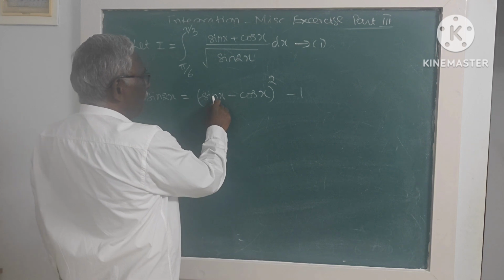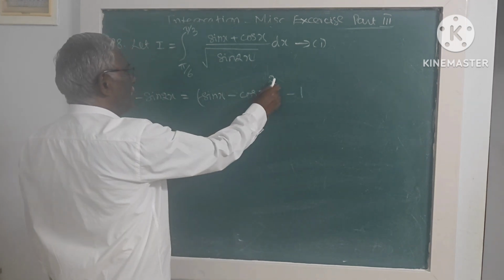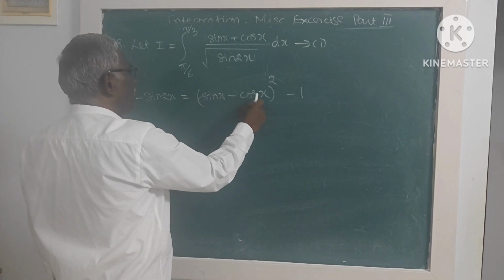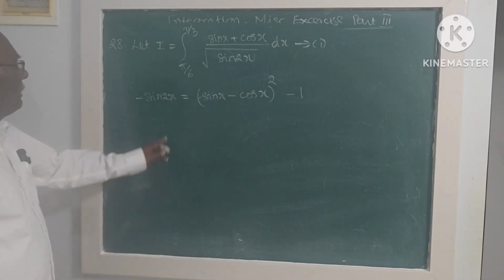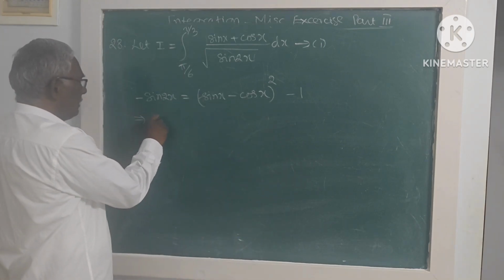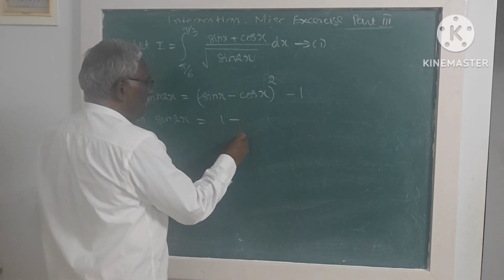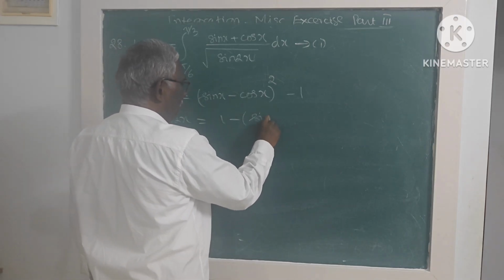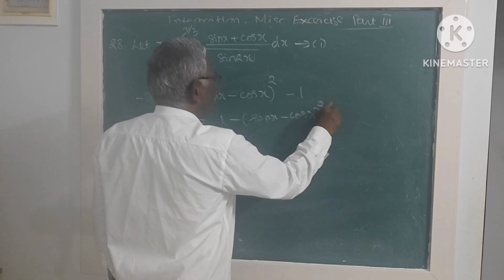Sin square x plus cos square x is 1, minus 1 gets cancelled. Then minus 2 sin x cos x, that is minus sin 2x. Now sin 2x, how can we write it? So that means sin 2x is 1 minus sin x minus cos x whole square.